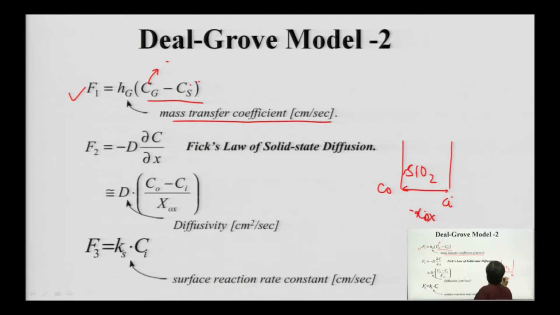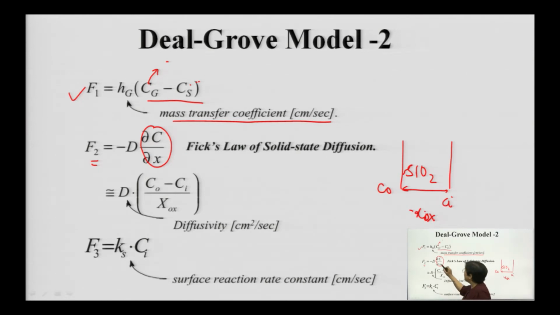Now, if I define a diffusion constant D, then the flux can be defined as D into the rate of concentration variation divided by the penetration depth.